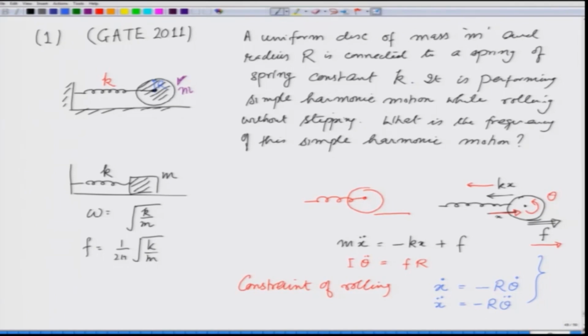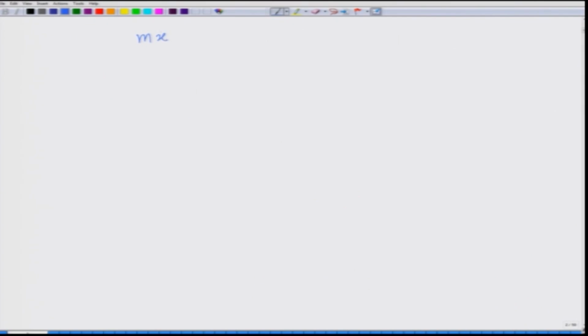So, we have these equations which I am going to write again: m x double dot is equal to minus kx plus f. Then I have I theta double dot is equal to f r, which I am going to change because I for a uniform disk is m r square by 2, so m r square by 2 theta double dot is equal to f r, which gives m r theta double dot over 2 is equal to f.